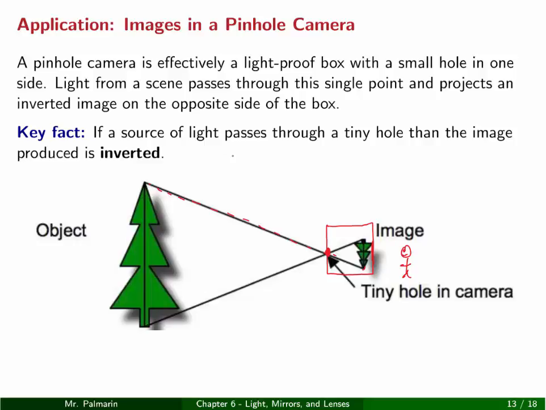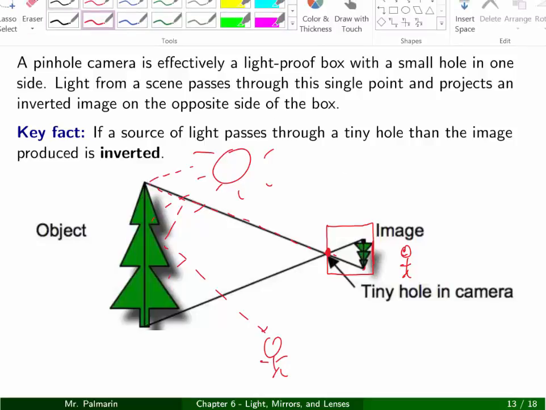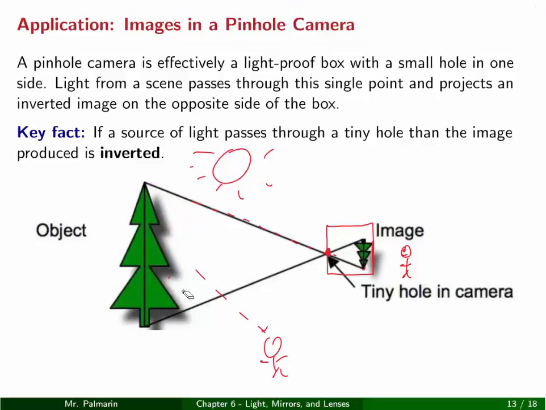So basically how this works, say you have the sun here. Light comes from the sun, hits the tree in all different spots, right? So if you're standing here, you can see the tree because it's bouncing off the tree and going into your eyeball. Now if you set a camera down somewhere next to the tree, here's what happens.